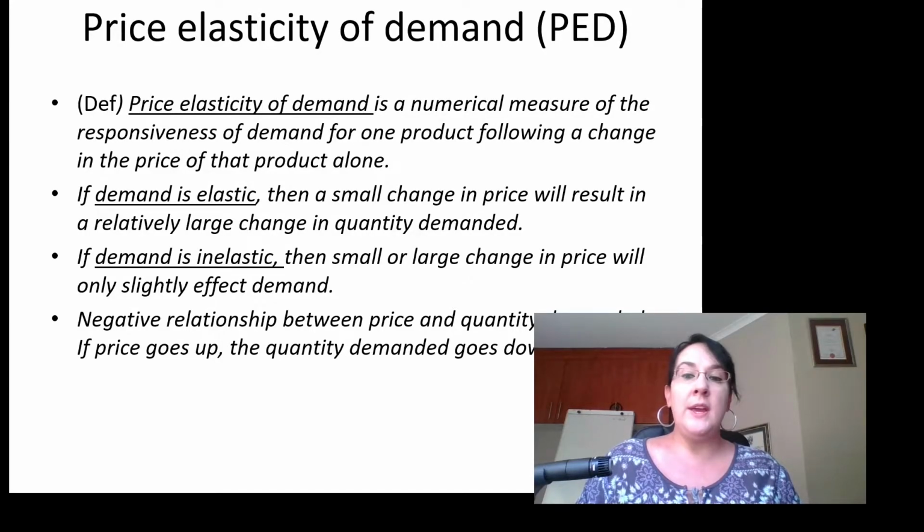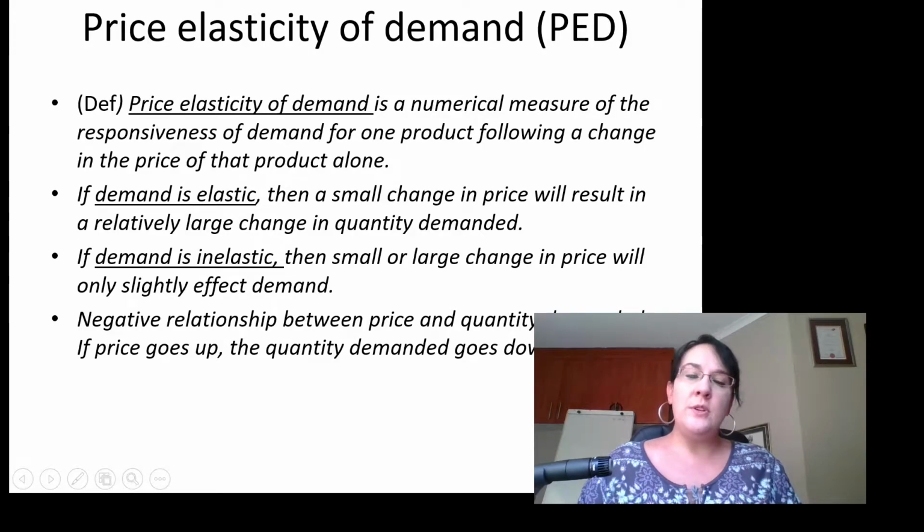Then if I'm looking at something that's more elastic in nature, even a small change in the price will result in a relatively large change in the quantity demanded. So if there's a special on food items and you want to stock up, you'll maybe buy a lot more than you were planning to because it's a bargain.